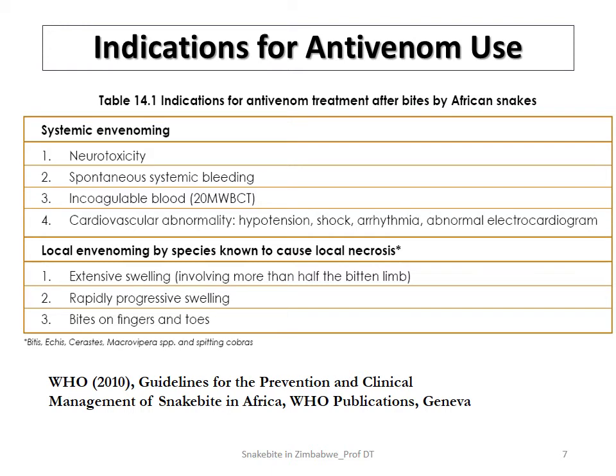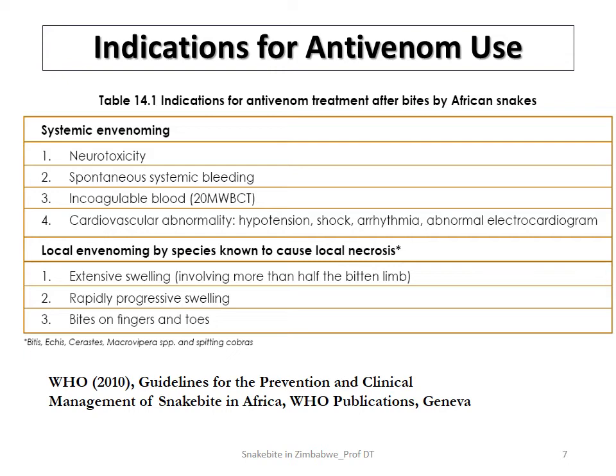And after 20 minutes, you'd expect blood to have coagulated and clotted. But if after 20 minutes you move the little bottle, and the blood is still not clotted or coagulated, then you suspect that someone has been bitten by a snake, which results in that.